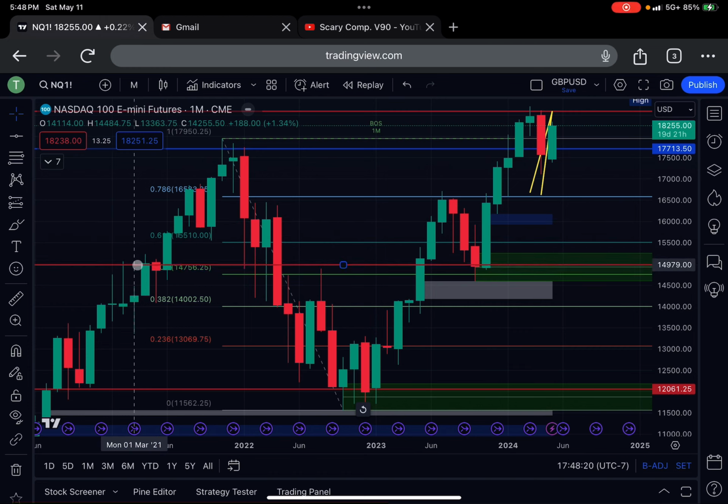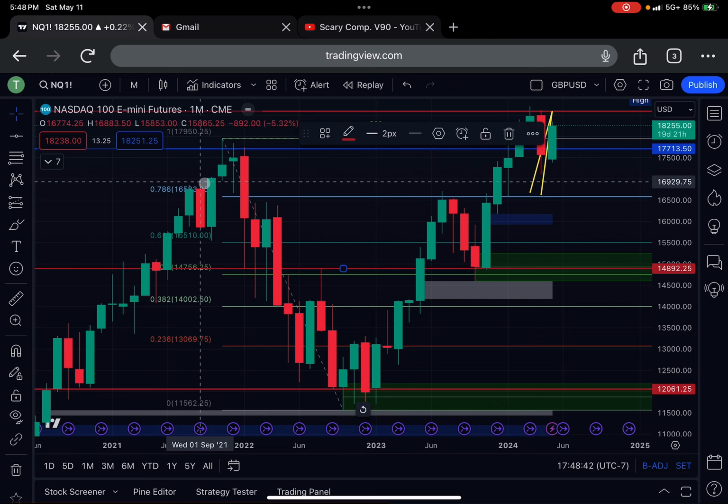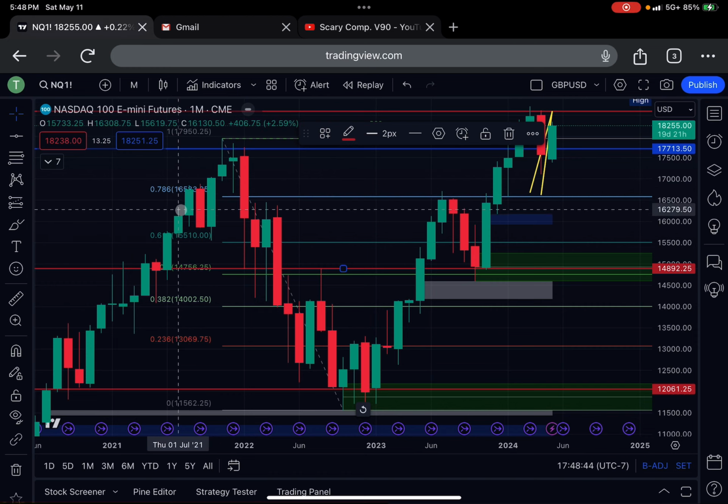Realistically, it's kind of hard with the monthly to try to determine the range somewhat. But probably that could be the area where I think price would go.